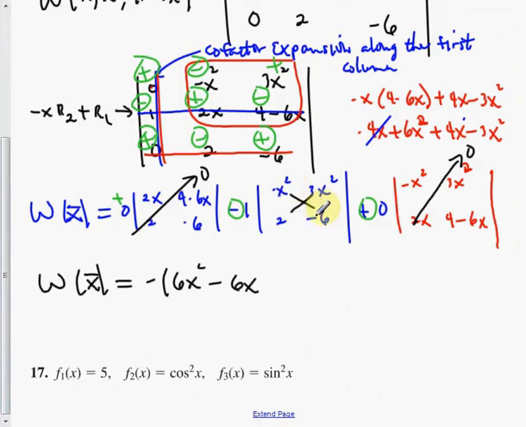So it's 6x squared, right? Then minus 2 times 3x squared, which is 6x squared, is 0. So these functions are linearly dependent. If the Wronskian is equal to 0, then the functions are linearly dependent. That's all.